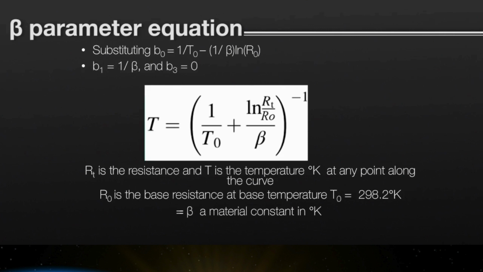Then you are left with an equation for temperature that depends on any 2 points, R and T, and only one material constant, beta. The equation is easier to program in firmware. You measure the resistance of the thermistor, and then you solve for temperature.